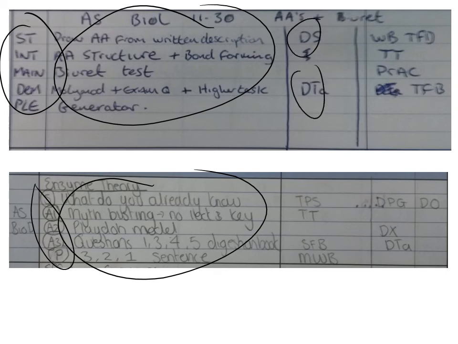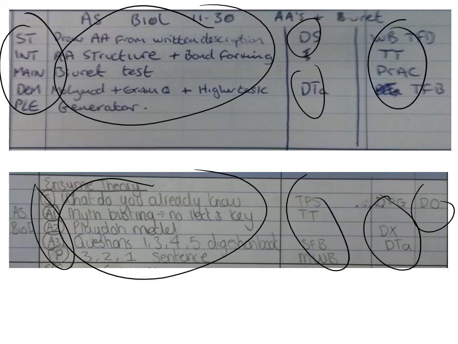Then a couple of key mentions of the differentiation that's planned, and lastly where the feedback and assessment for learning would take place. So really straightforward, very quick to do. Two examples of expectations in terms of lesson planning within the teacher planners.